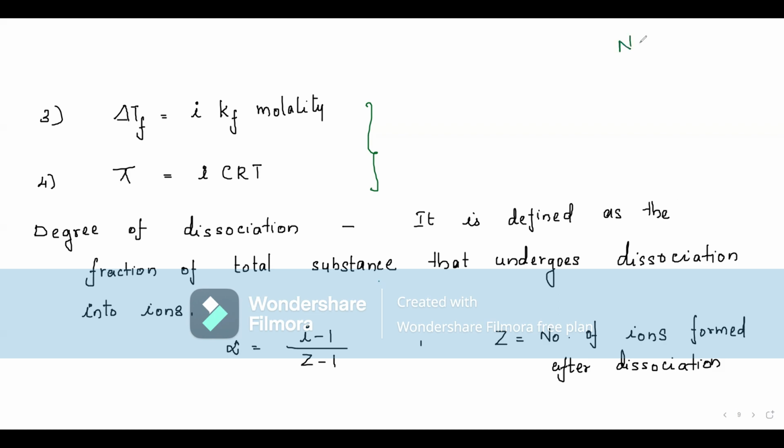Example, NaCl will produce 2 ions, so for NaCl, Z is equal to 2. For CaCl2, Z is equal to 3. Whereas if it is glucose or urea, such compounds, Z will be 1, because these compounds do not undergo any dissociation. They do not undergo any association also. So I hope this part is clear. Degree of dissociation.